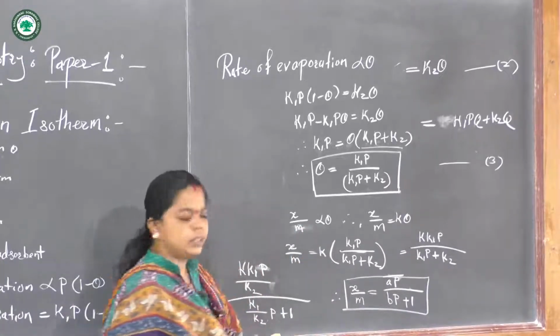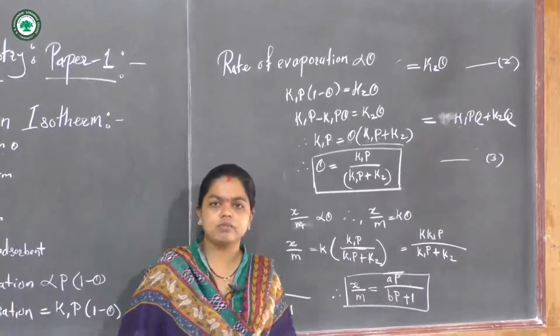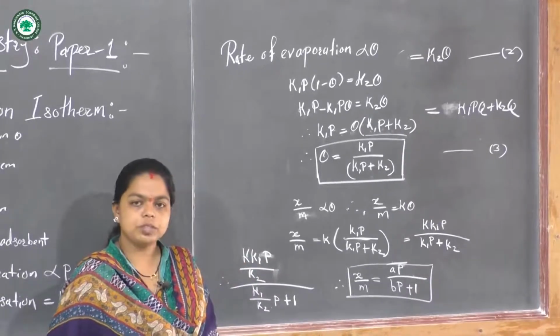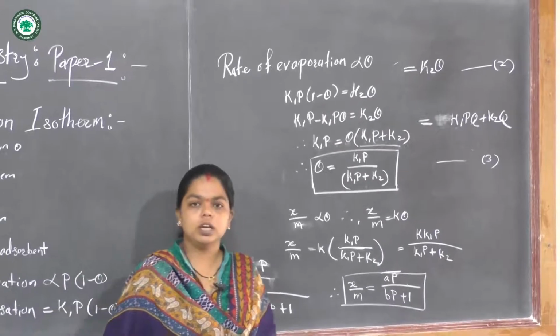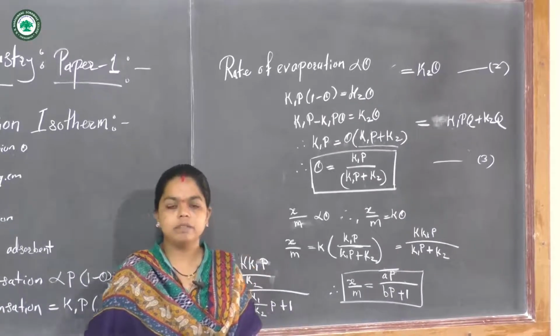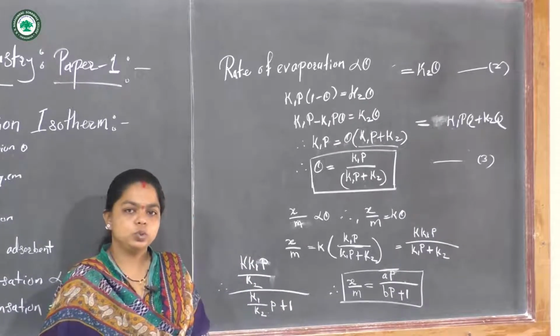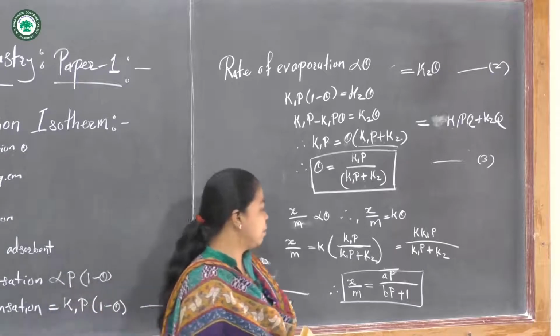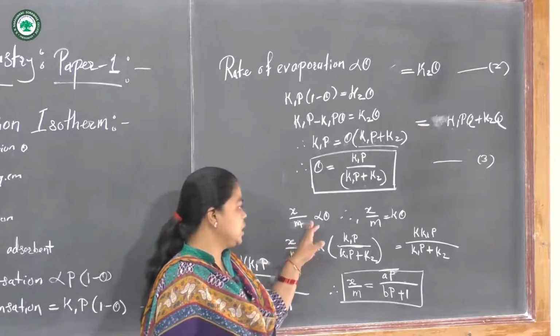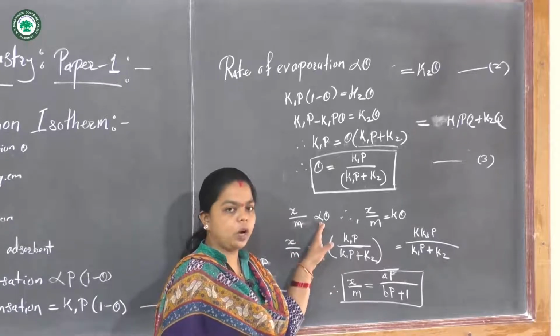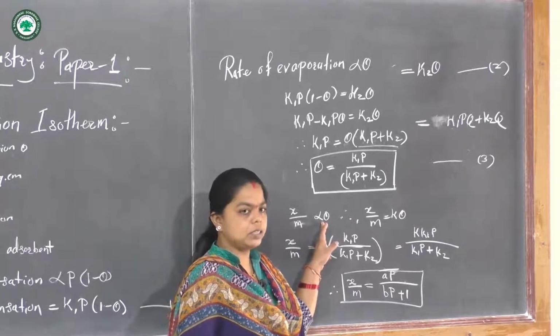So from the kinetic theory of gases and also Freundlich adsorption, we know that the ratio of the molar mass of the adsorbate to unit mass of the adsorbent material is found to be proportional to the occupied area, that is theta.